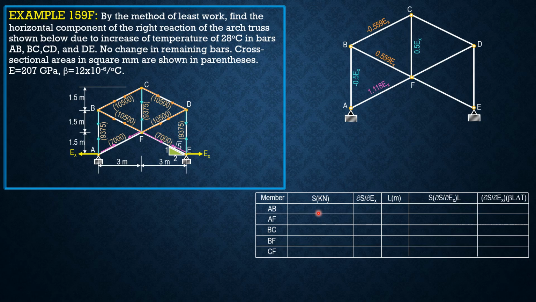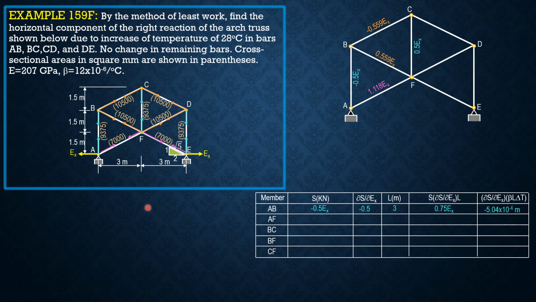For member AB, we have negative 0.5 EX, partial derivative negative 0.5. The length is 3 meters and the product is 0.75 EX. And we also need the product of the force or partial of S with respect to EX, then the thermal expansion beta L delta T to accumulate the total displacement caused by this temperature change.